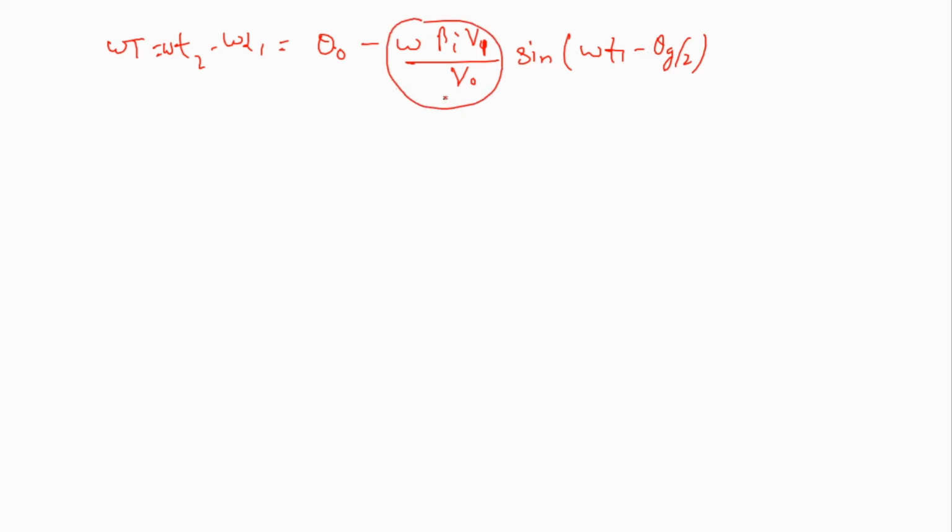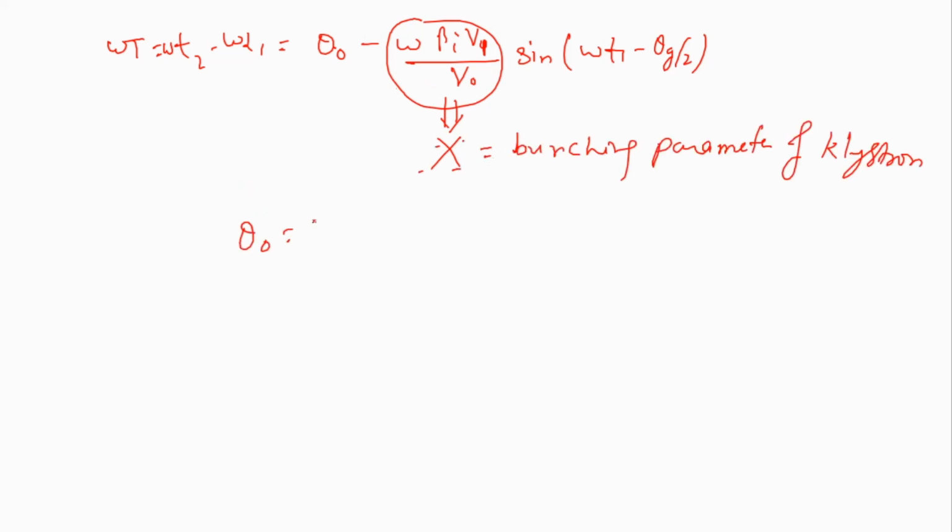So that should be theta 0 minus omega into beta I V1 divided by V0 into sine omega T1 minus theta G by 2. One can take T0 also, but it should be plus. If you take omega T0, it will be plus theta G by 2. Already we have seen this factor is called X. This is nothing but the bunching parameter of the electron, where theta 0 is equal to omega L by V0.